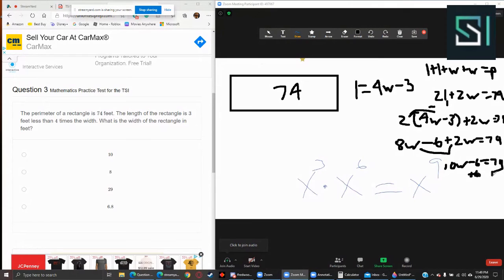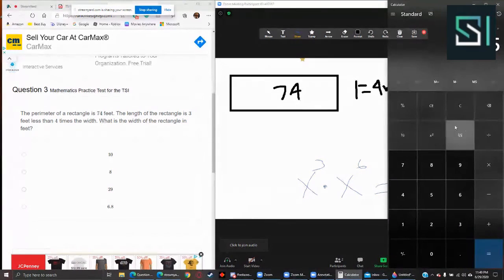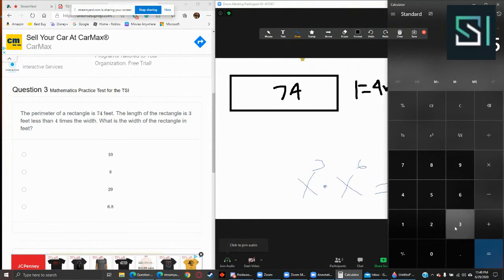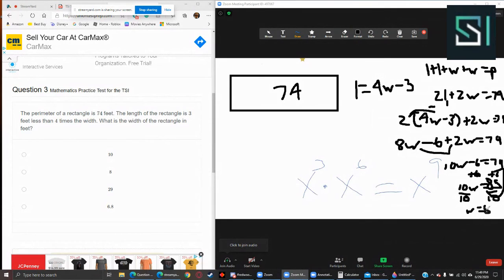Good. Excellent. So whatever that adds up to, right? Okay, and basically 85 divided by 10, just move the decimal over, 8.5, right? 0.5.